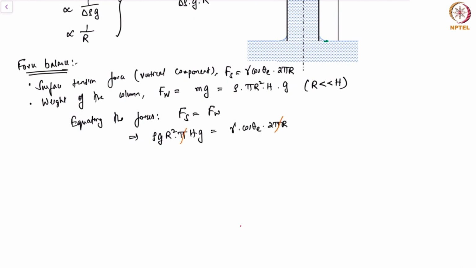Pi straight away cancels out. One r also cancels out. And finally I get the height h to which the fluid rises will simply be 2 gamma cosine theta e by rho g r.